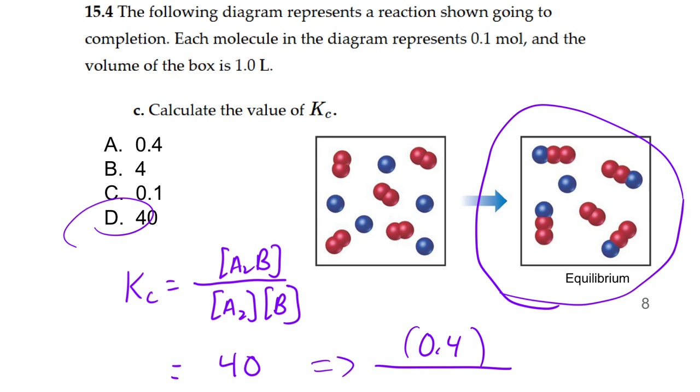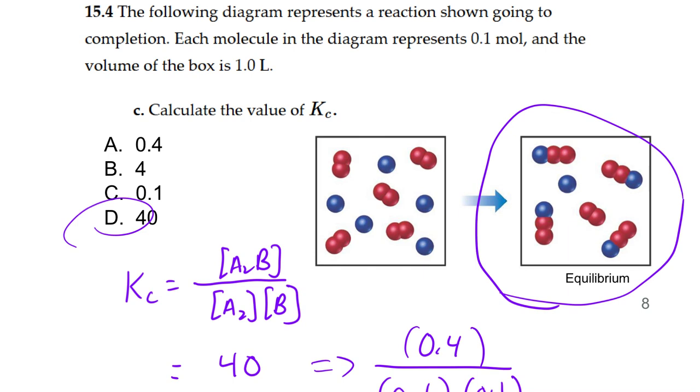We have 1 molecule of A2 at equilibrium, so that's 0.1 mole per liter. And we have 1 molecule of B at equilibrium, so 0.1 mole per liter of that. And that should give you 40.